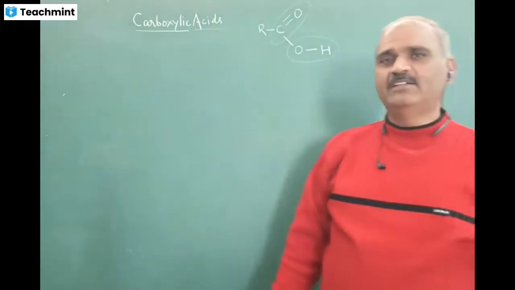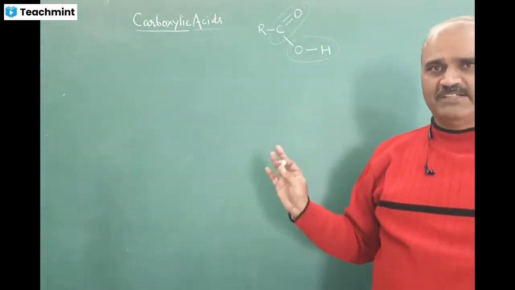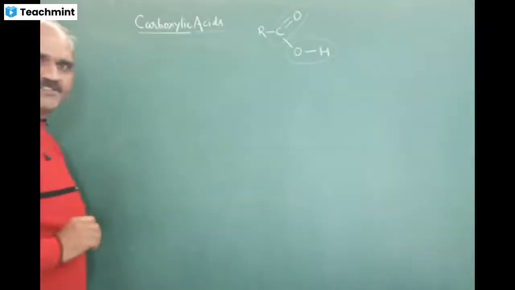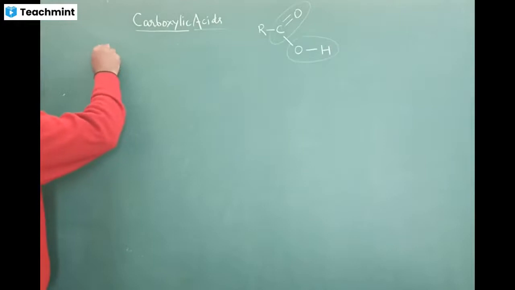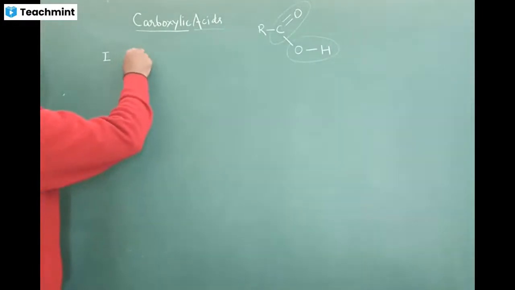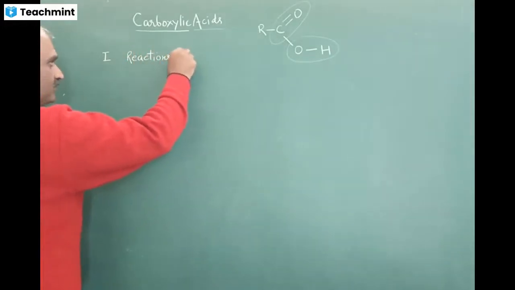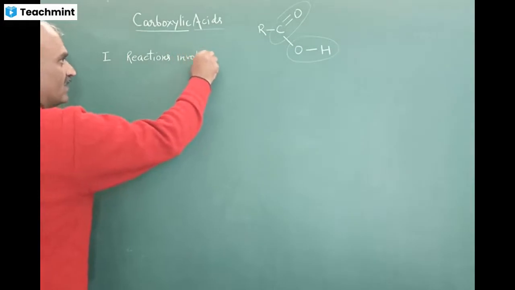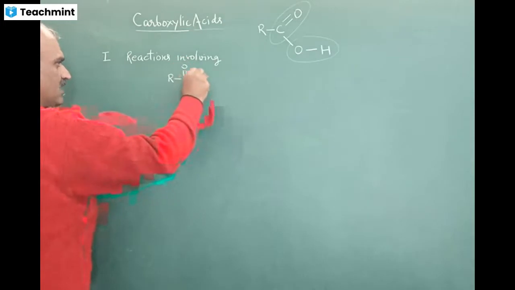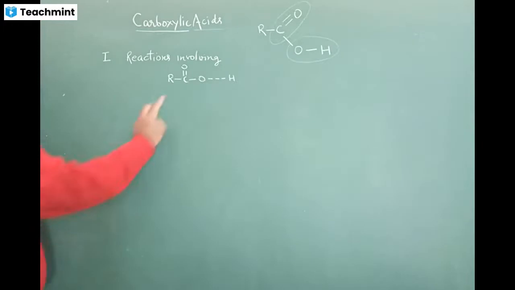We can divide the chemical properties of carboxylic acids into four categories. In the first category, we shall study those chemical reactions involving the O-H bond of RCOOH.